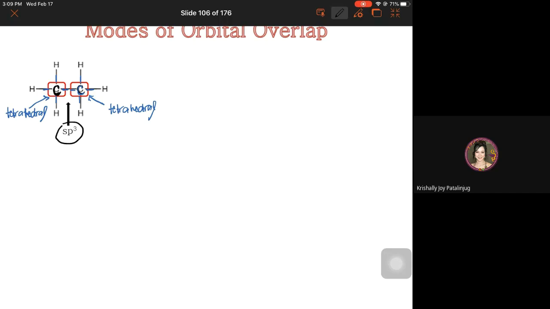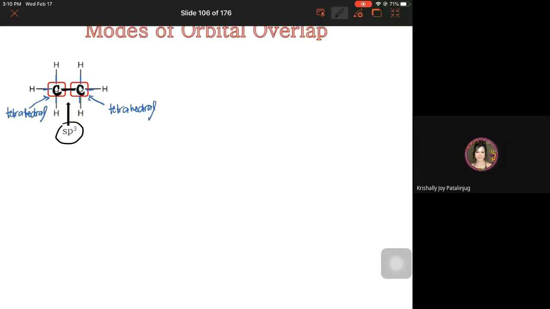Particularly, the carbon-to-carbon bond has an sp3 orbital that overlaps with the other.